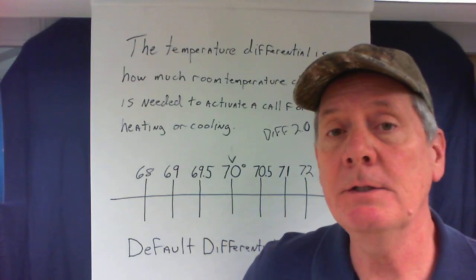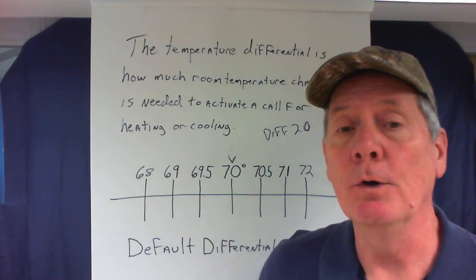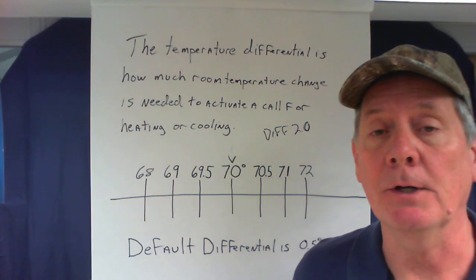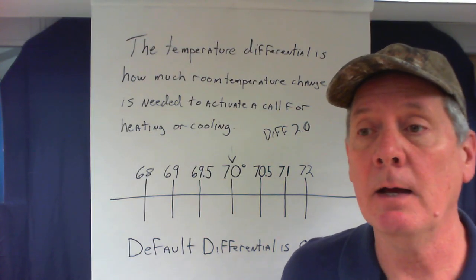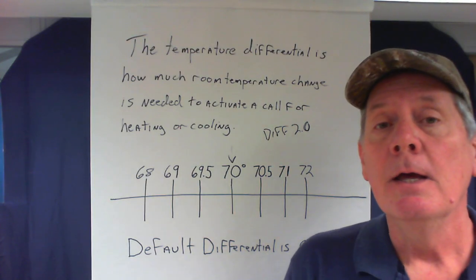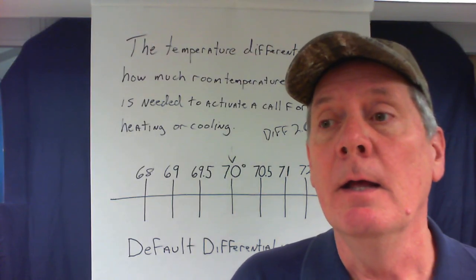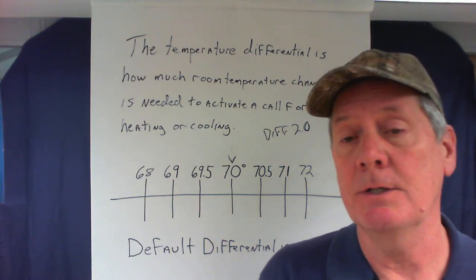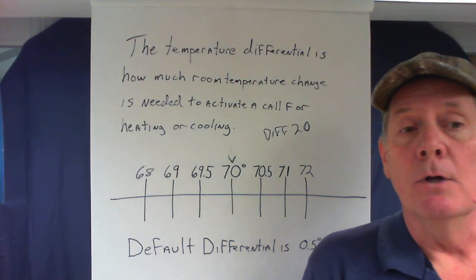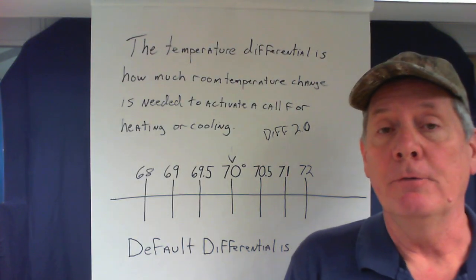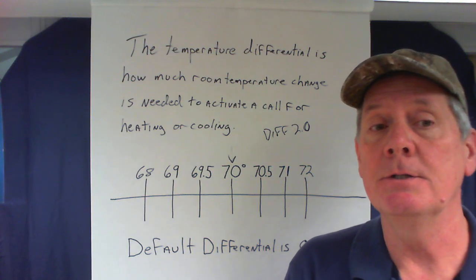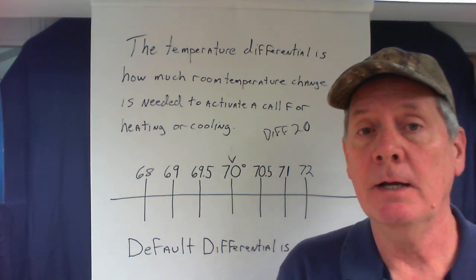If you got a multi-stage system where you've got 2 stages of heat, maybe a heat pump and electric heat strips, or a gas furnace backup, or a 2-stage furnace, if you set your system type right, then you will have a second differential that activates the second stage of heat. So if the first stage is not keeping up and you drop additional degrees, it will activate your second stage.